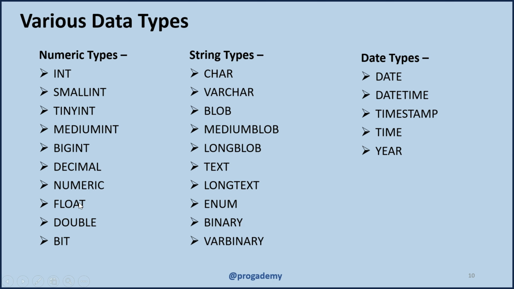Now, if for example I have two values and I have divided them, it can be a decimal point, so it will be float or double as per the size. That way we define this. Now for example I have the email ID of the employee, like contact us at progadme.com.